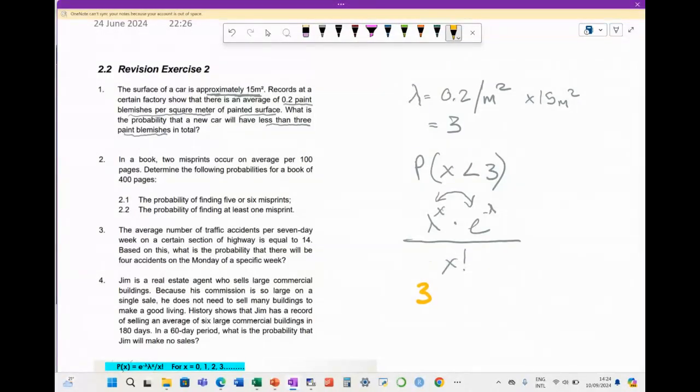And then here they said is less than 3. So basically we are saying, what are we saying? The probability here, we didn't do this.